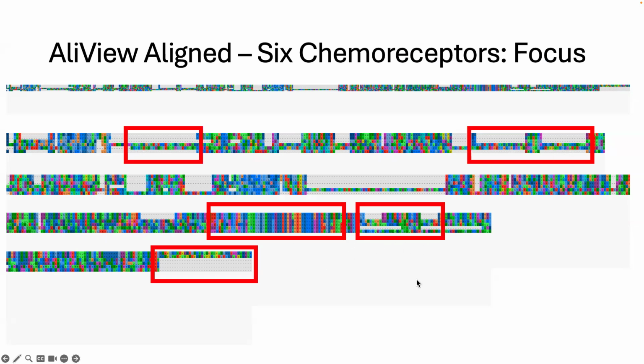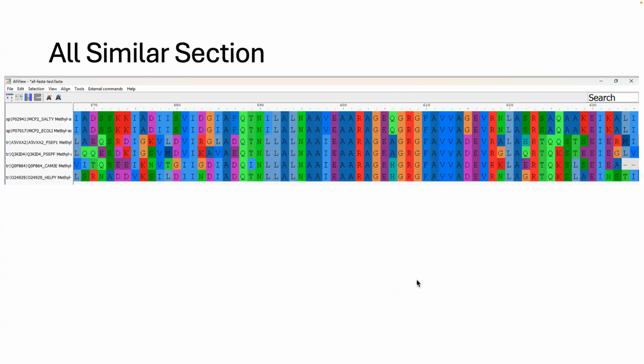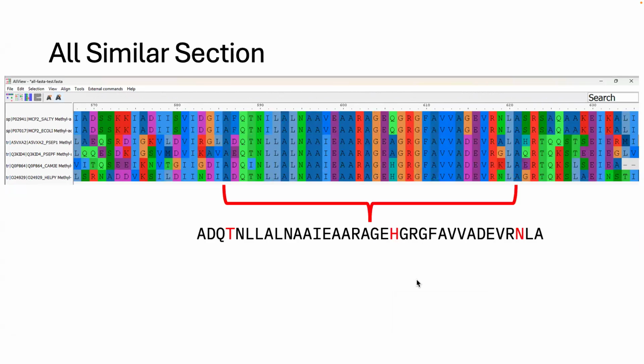I'm going to highlight those and dwell down on those to look at their structures. I'm not going to use this one. This is a way of looking at differences only, but I'm just going to refer to the other one. So this is what it starts out the sequences. I didn't use that one, but here is the all similar region.